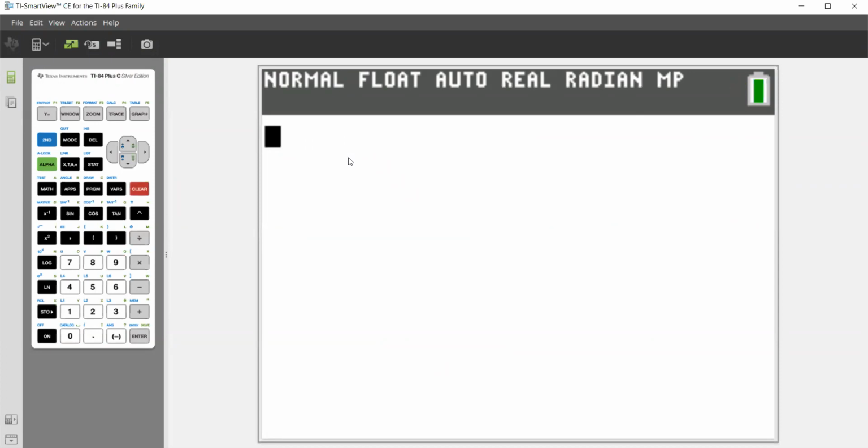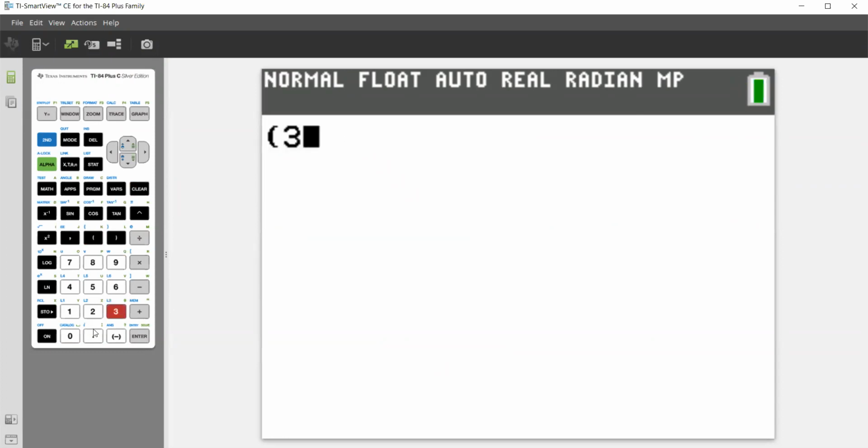Otherwise, you're going to get the wrong answer. Oh, sorry about that. I screwed up. So let's do that again. 3.86 minus 5.04. Divided by, open up another set of parentheses. You need to do this when you do this type of problem. I'm going to put in my standard deviation, 0.64265.